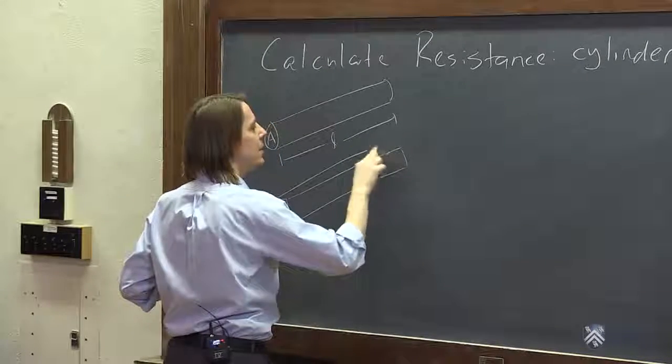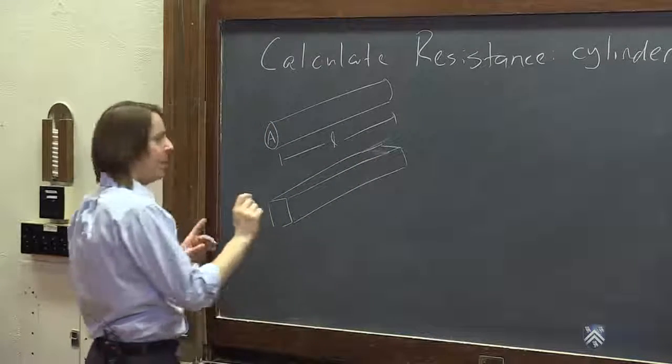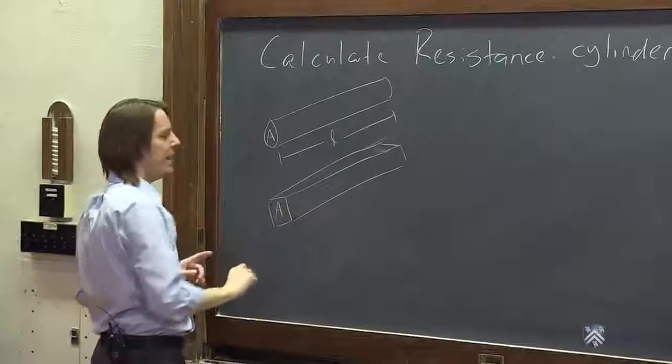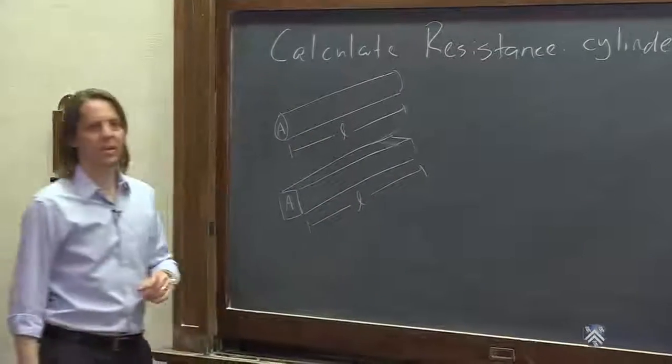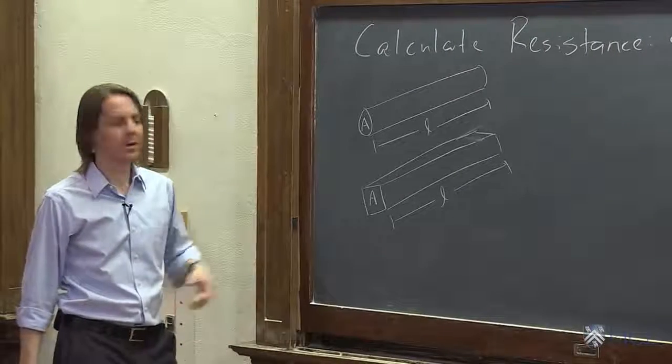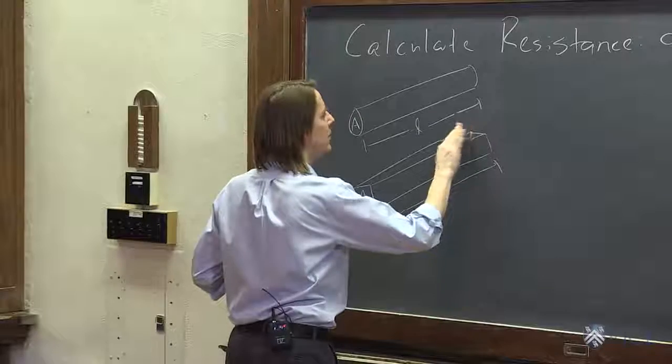But if it's got cross-sectional area A that's constant, and if it's got a length L, you're going to get the same resistance. It doesn't really matter, as long as you have a constant cross-section for some length, that's all we care about.